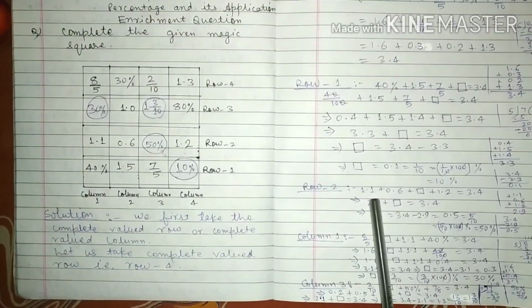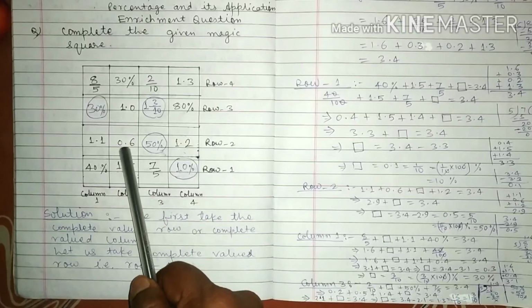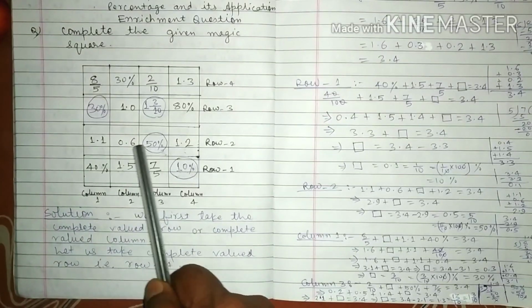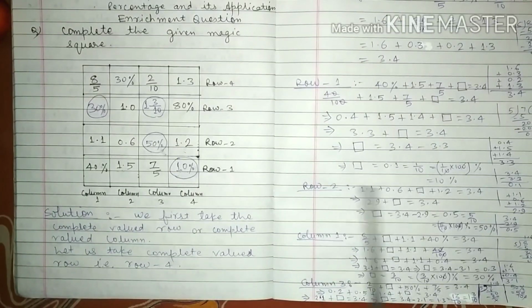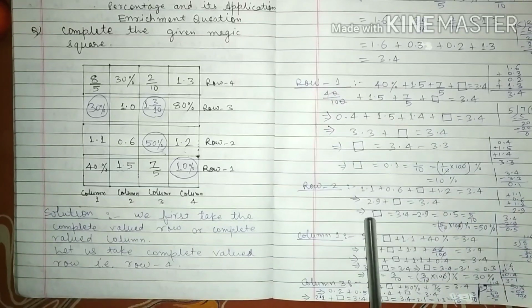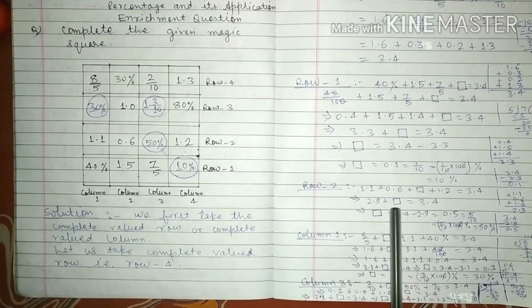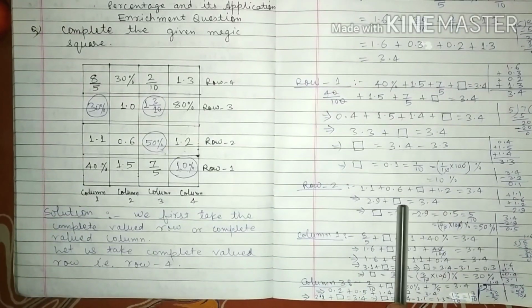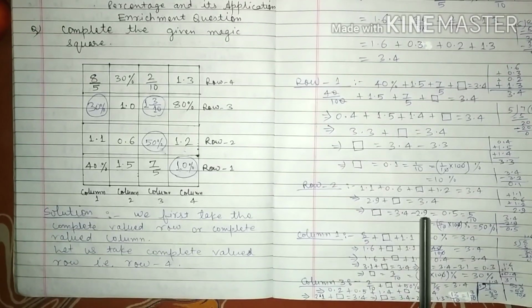Row 2: 1.1 plus 0.6 plus box plus 1.2 equals 3.4. This sum equals 2.9 plus box is equal to 3.4. Therefore, the value of box is equal to 3.4 minus 2.9.